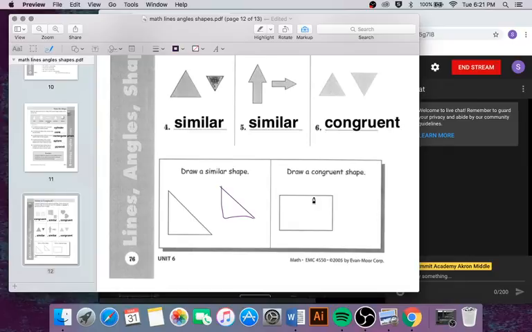Over here, it wants us to draw a congruent shape. And we know that congruent is the same size and the same shape, so this is congruent. Same size, same shape.